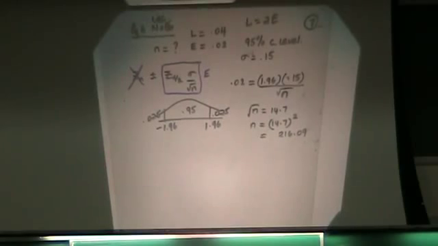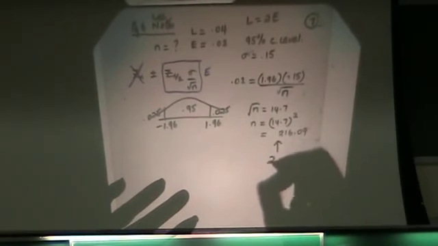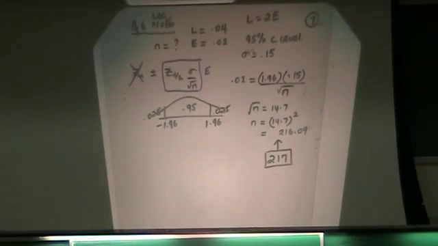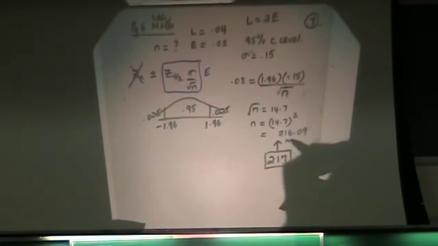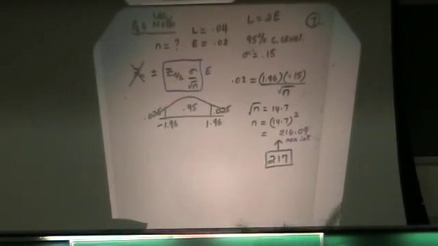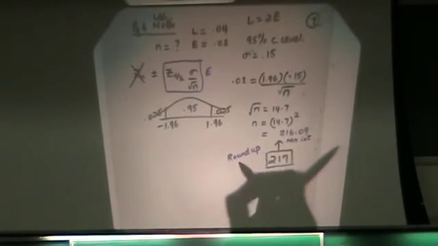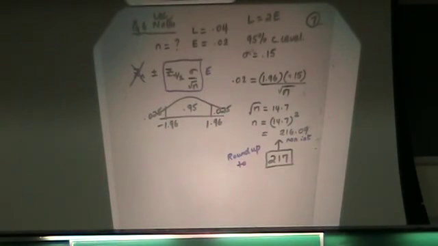So you're not going to pick 216 as your answer. You're going to round this up to 217 because 216.09 is non-integer, and you cannot have a non-integer n. So round up to 217. Follow?